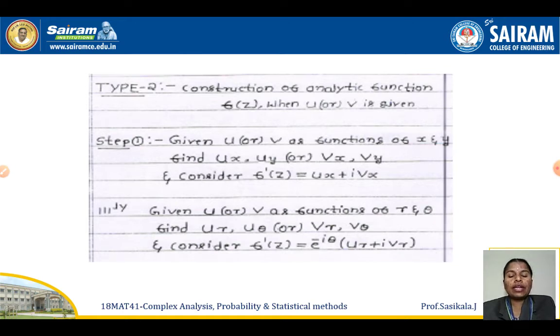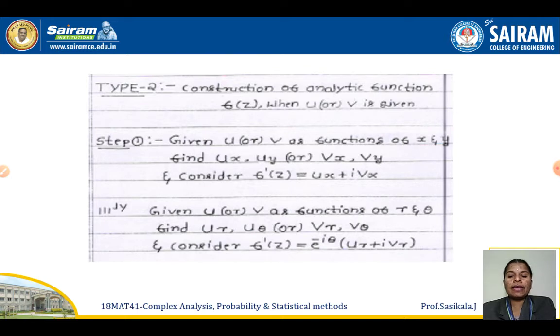In that case we should find ux and uy if the real part is given, or vx and vy if the imaginary part is given. After that we consider f dash equal to ux plus i vx.